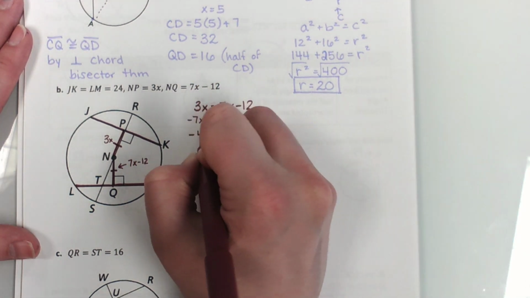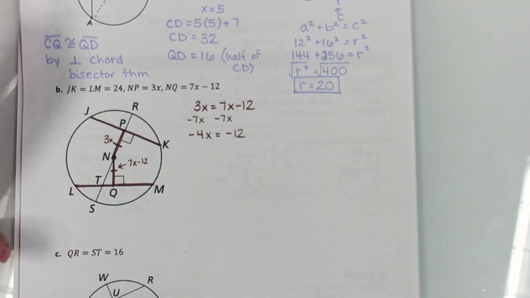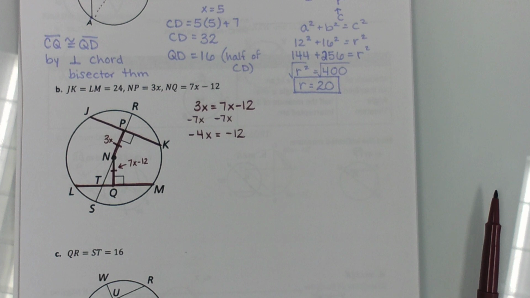Now, can you do it by subtracting the 3x? Absolutely. But you have to be careful, because what people tend to do next tends to cause an issue. More commonly, when I give this problem, 3x is equal to 7x minus 12, and people subtract 3x, they say, okay, that cancels out, therefore I get 4x minus 12.